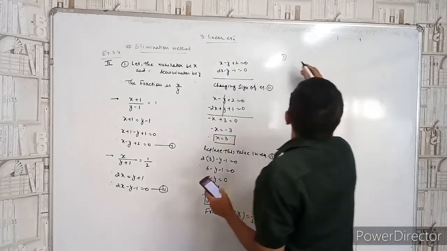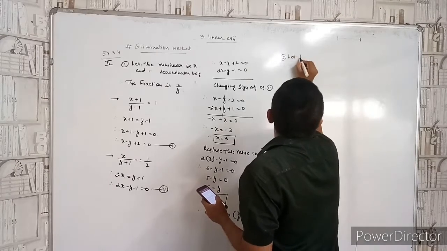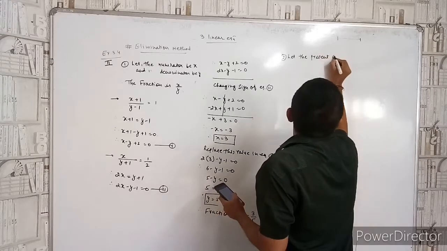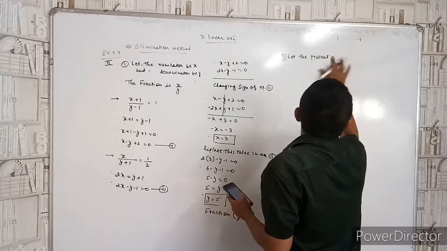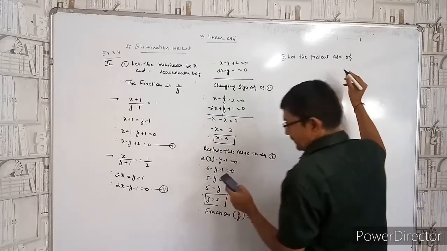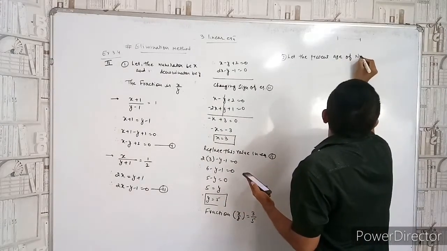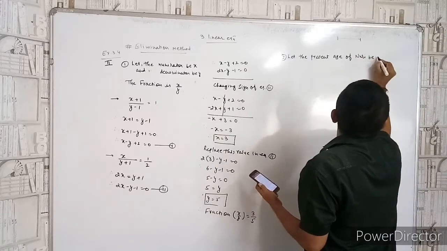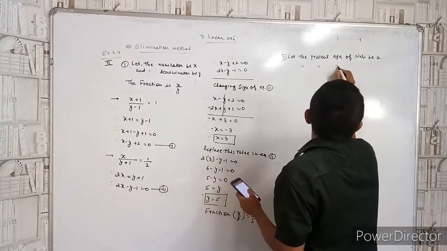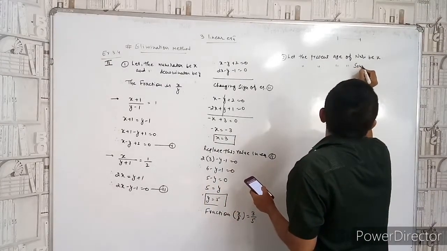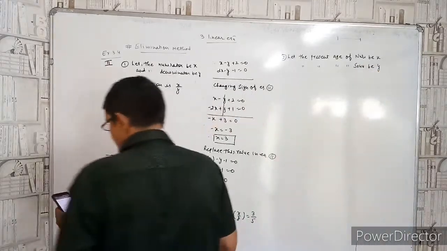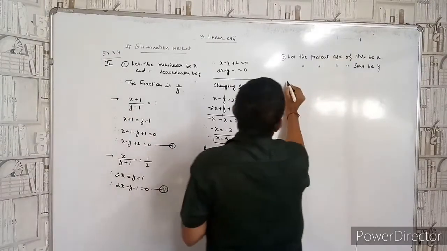So first we can say, let the present age of Noori be x and the present age of Sonu be y. Now the question says 5 years ago.